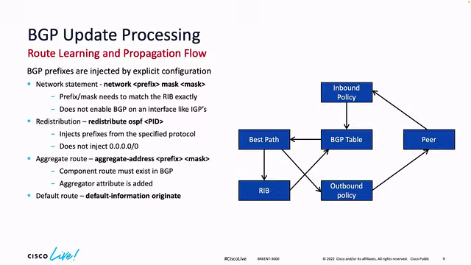The common mistake people make with the network statement is that they don't match the mask that exists in the routing table. Then we have redistribution. You're redistributing any other source protocol, OSPF, ISIS, EIGRP. I have not worked with EIGRP for 9-10 years, but I'm sure some of you may have, right? When we're redistributing from any of those source protocols into BGP, we are taking different metrics available in the different protocol, and then we have to somehow map them into BGP, and usually MED is used for that, right?